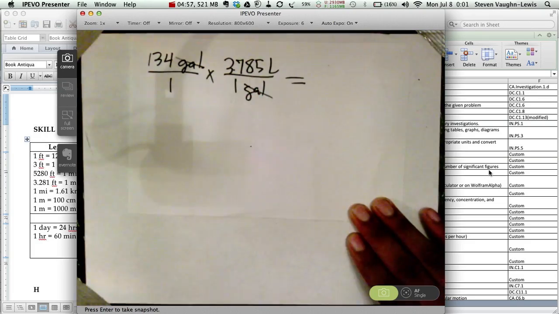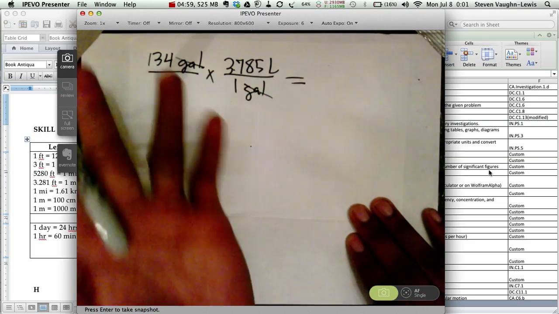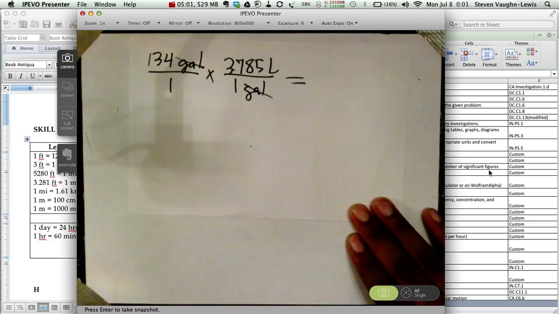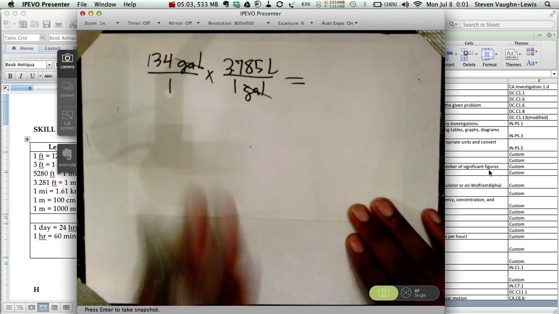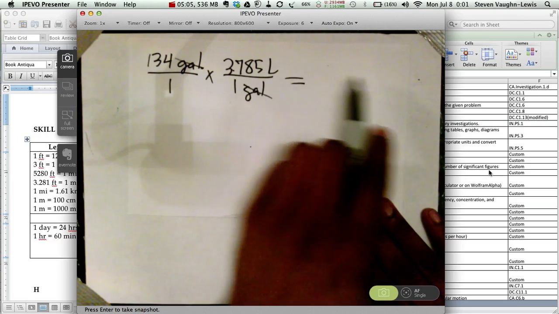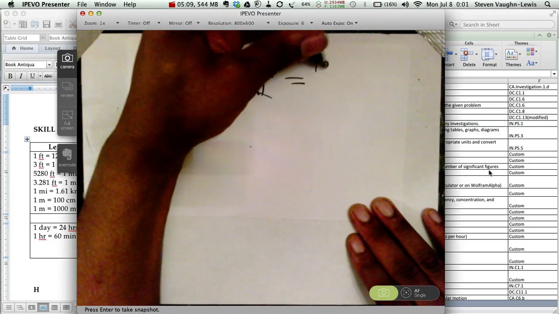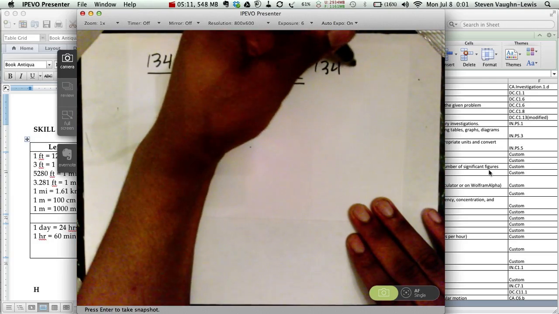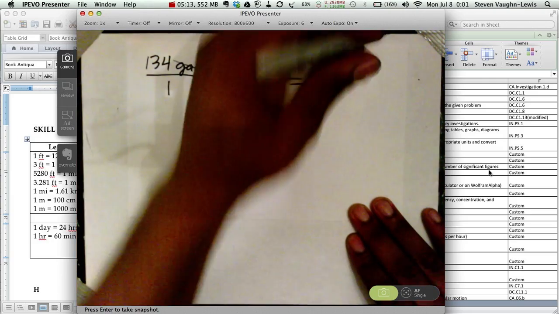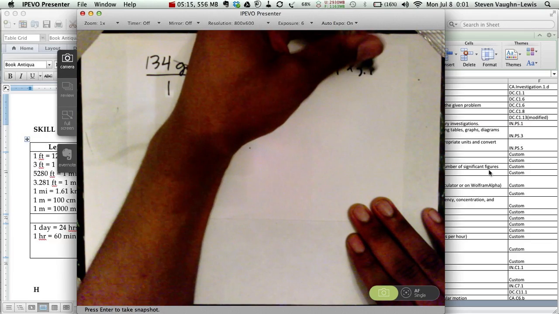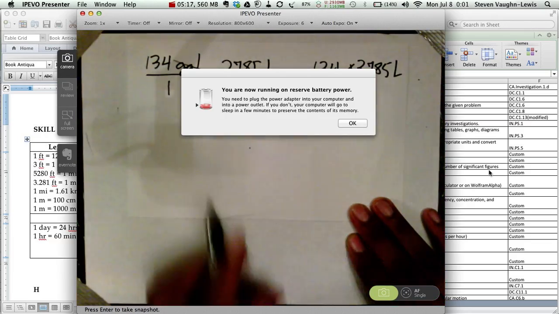Now I'm multiplying two fractions together. I have this fraction times that fraction. And to multiply fractions is easy. You just multiply across the top and then multiply across the bottom. So across the top, I have 134 times 3.785 liters multiplied across the top.